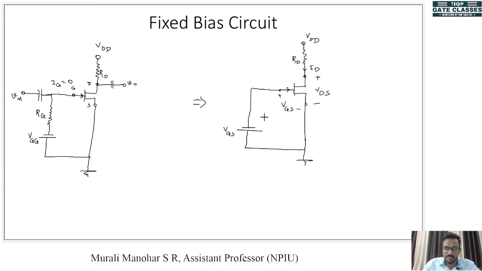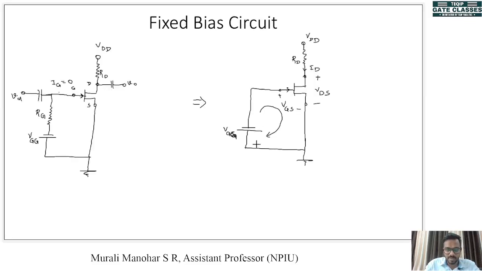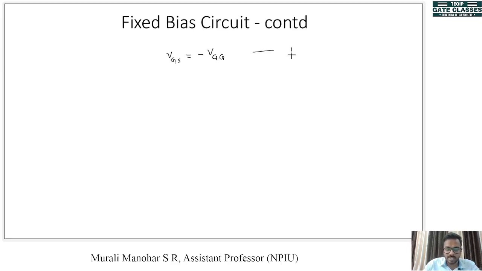You can apply KVL in this loop, and you can see that, sorry, this is VGG, and you can see that VGS is equal to minus VGG, right? That's our equation 1. Now we can find out the value of ID.